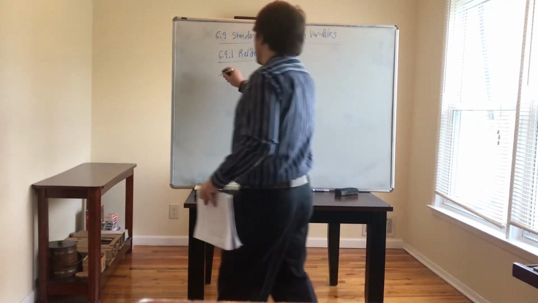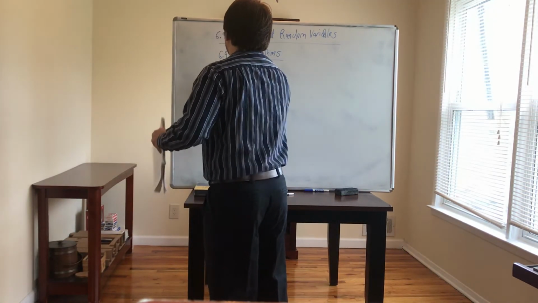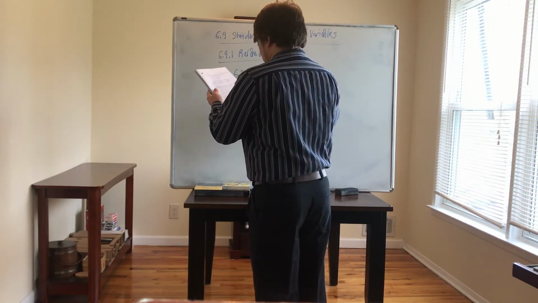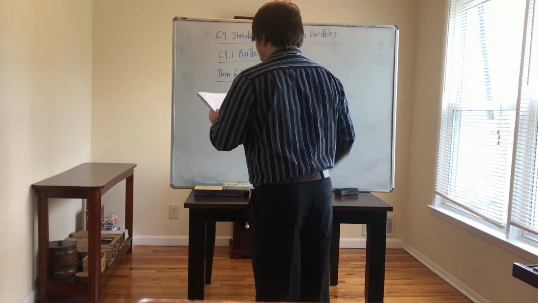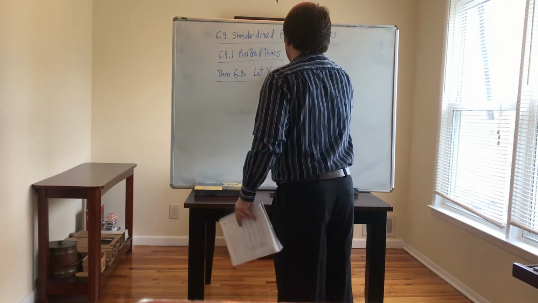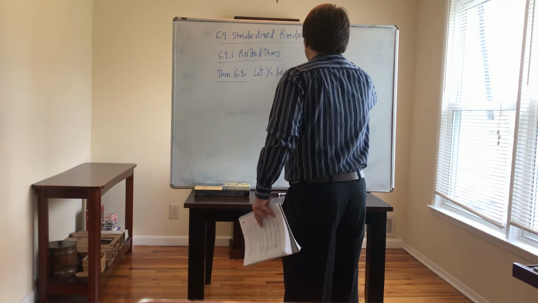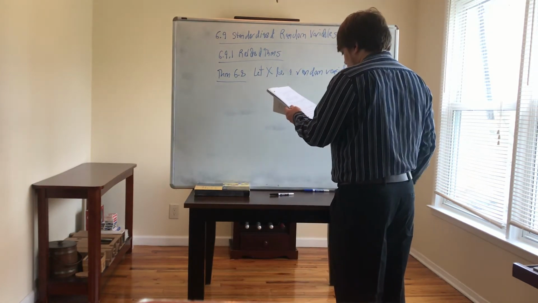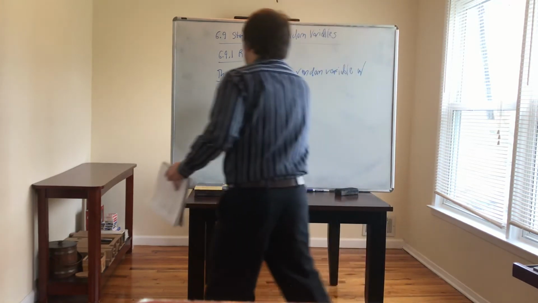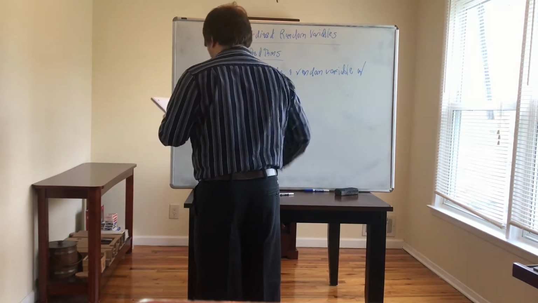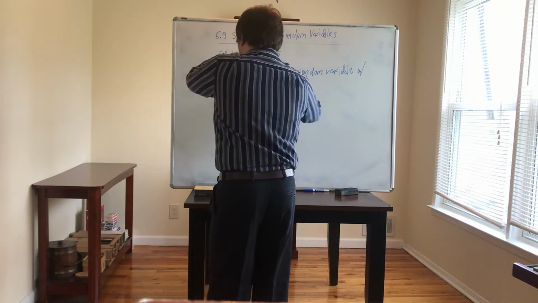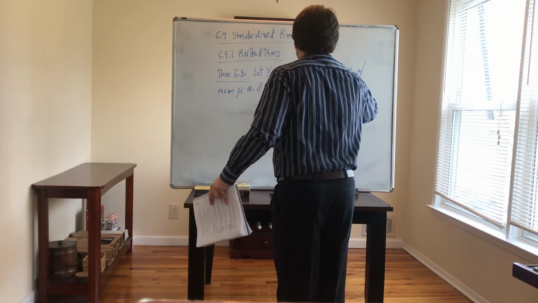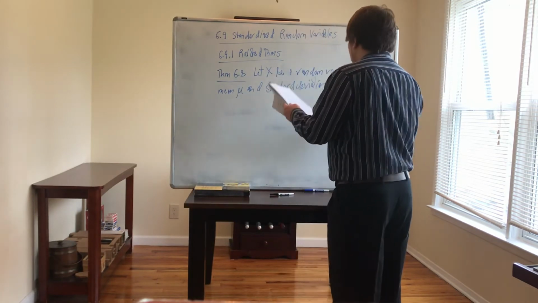Okay, and so theorem 6.8 there in section 6.9.1 is: let X be a random variable with mean mu and standard deviation sigma.